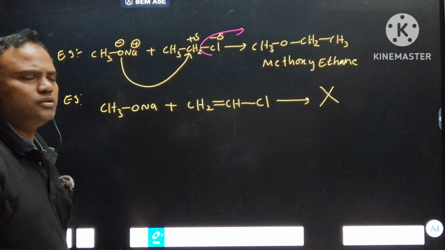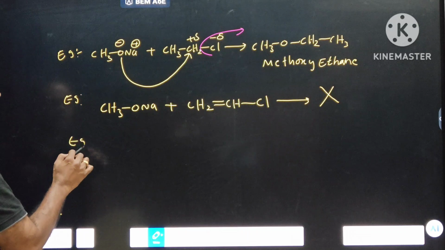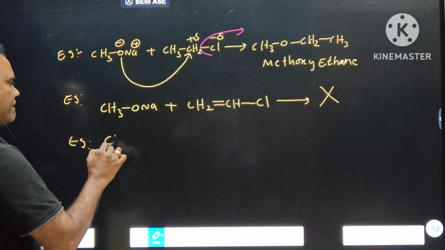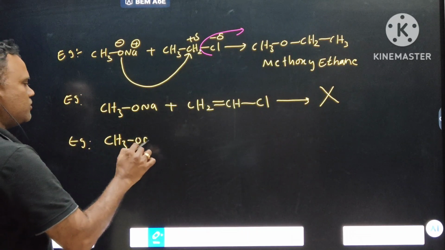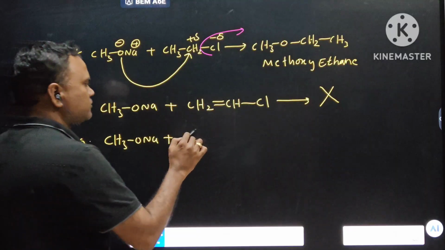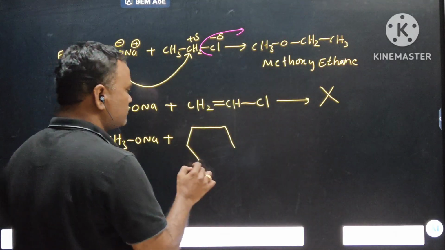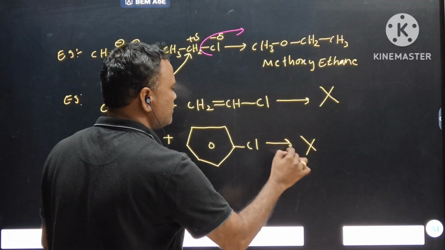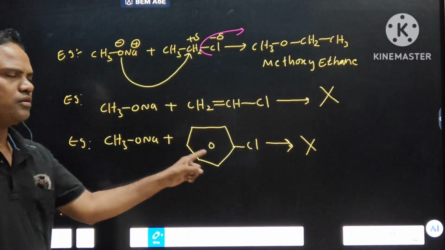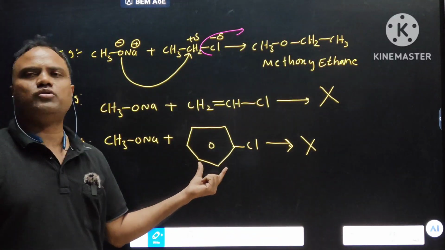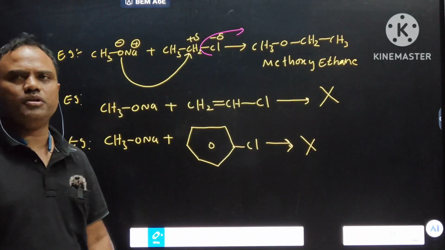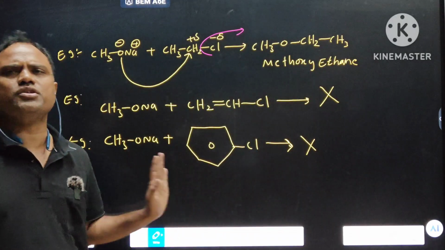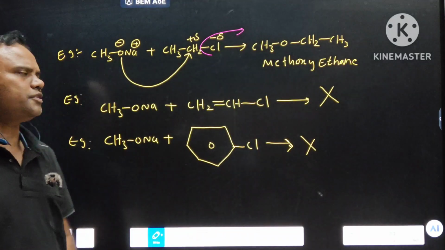Another example similar to this one. CH3ONa. Here also there is no reaction, because in place of R', a phenyl group is there. So this is not possible.